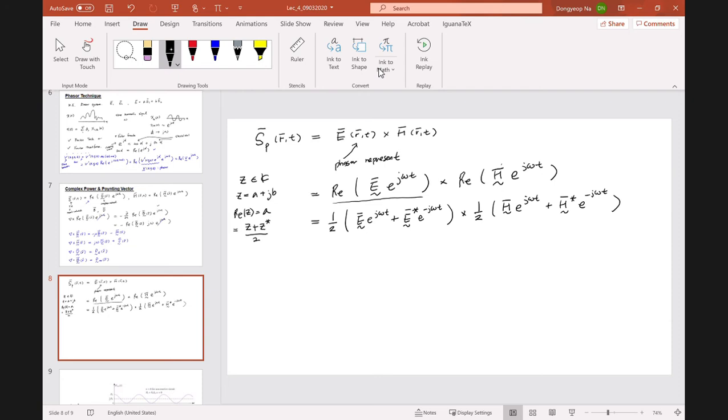So you can do the algebra. Finally, what we have is 4 terms.